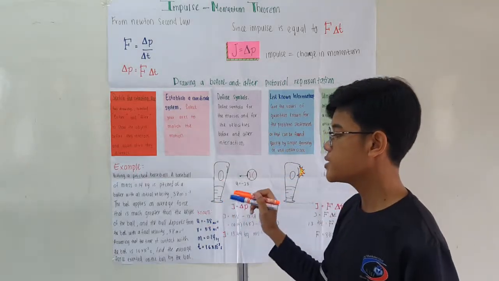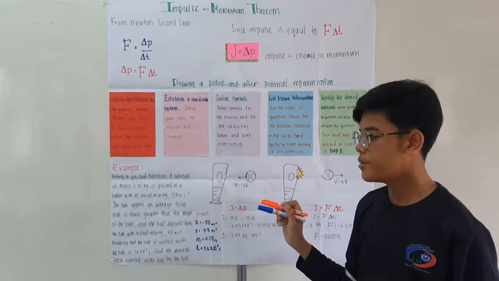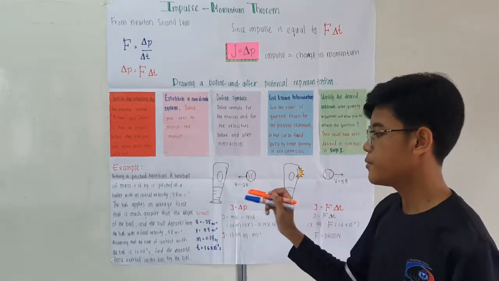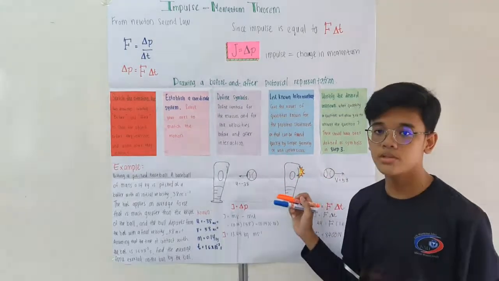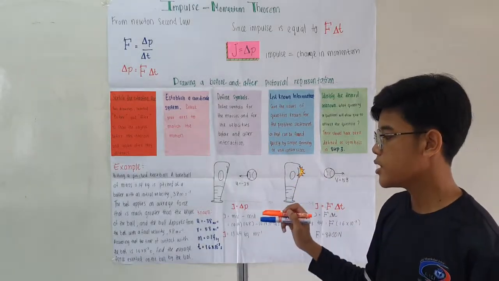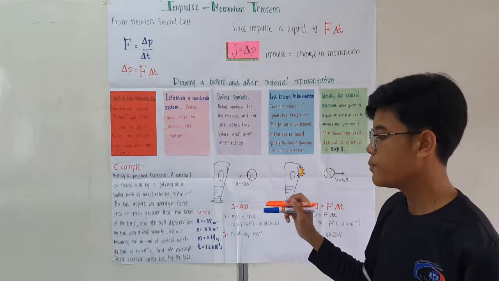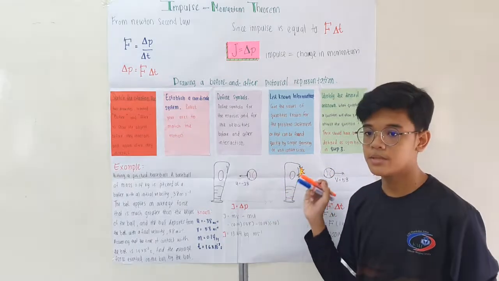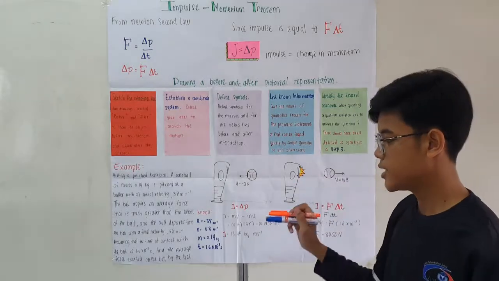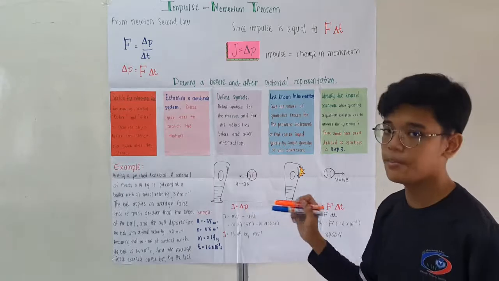The bat applies an average force that is much greater than the weight of the ball, and the ball departs from the bat with a final velocity of 58 meter per second. Assuming that the time of contact with the bat is 1.6 exponent -3 second, find the average force exerted on the ball by the bat.